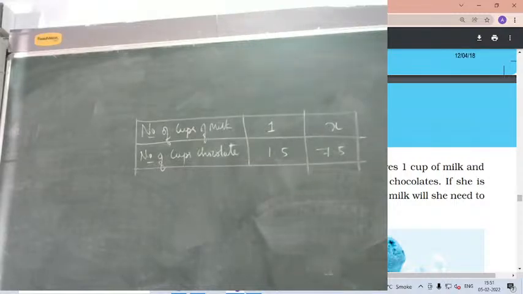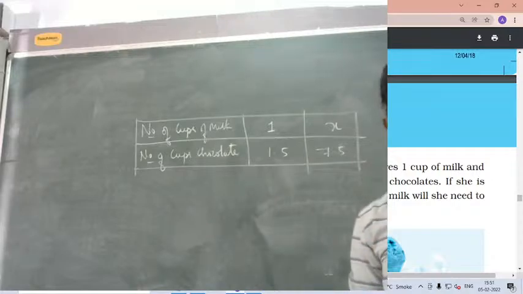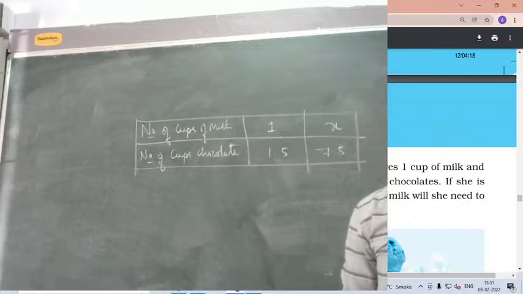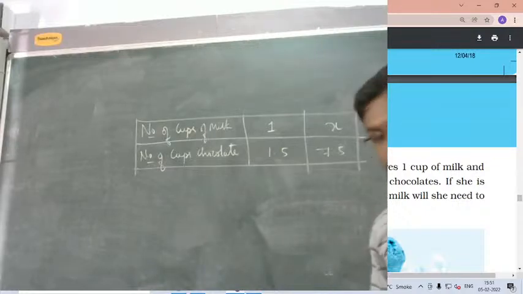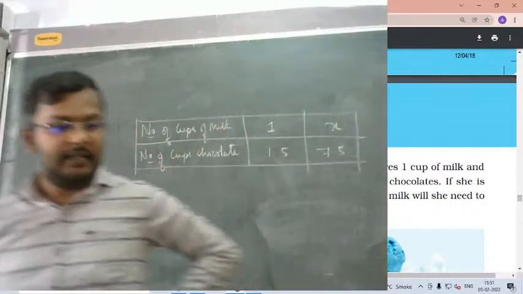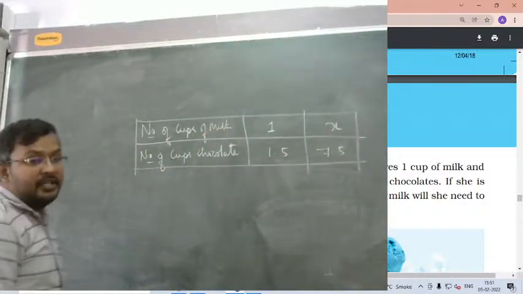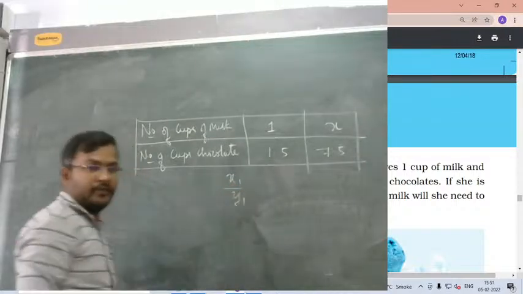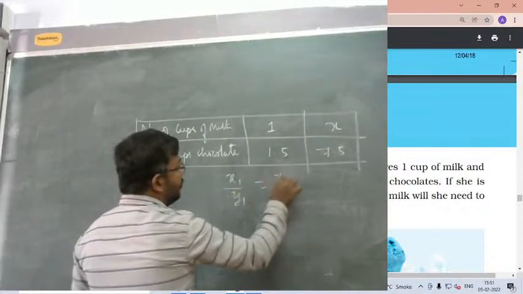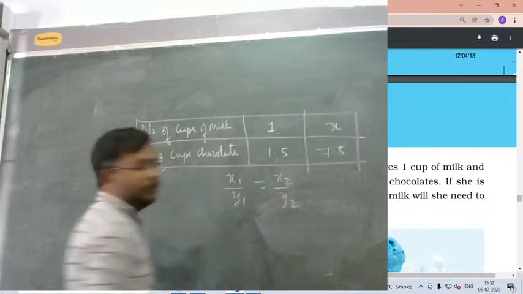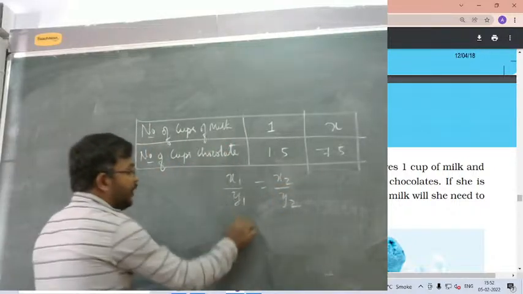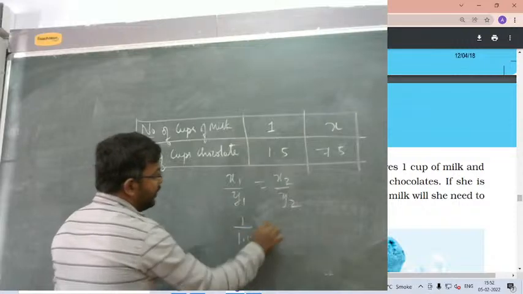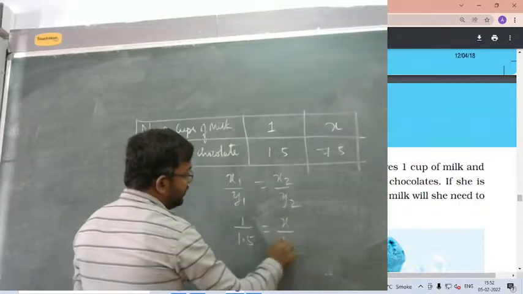Obviously, if you want to make more muffins, we need more milk and more chocolate. So it's a question of direct proportion, and then we have to use which relation? X1 by Y1 should be equal to X2 by Y2. So that is 1 by 1.5 is equal to x by 7.5.